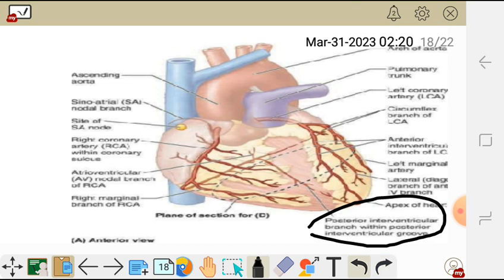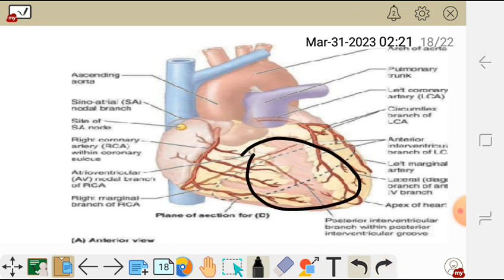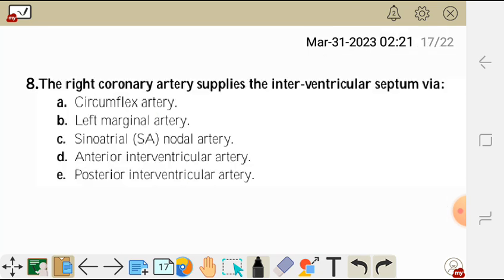That one runs in the interventricular groove on the posterior surface of the heart. So the correct answer here is E. The posterior interventricular artery is the branch of the right coronary artery that supplies the interventricular septum posteriorly. So the correct answer is E.